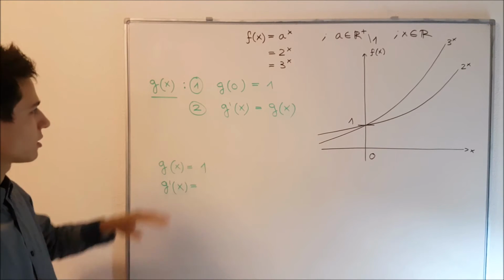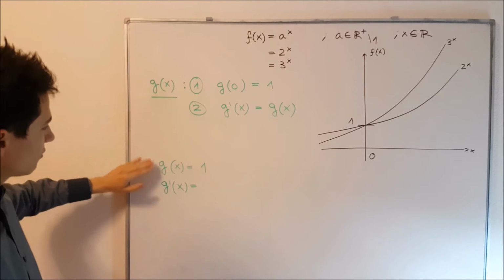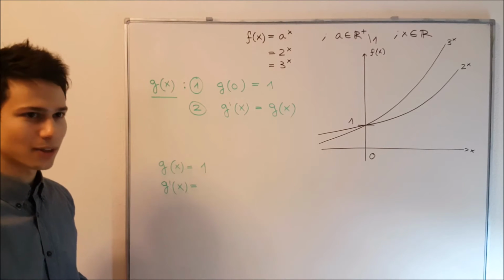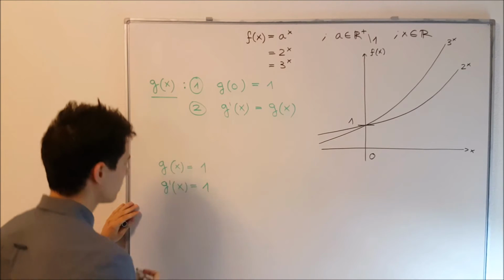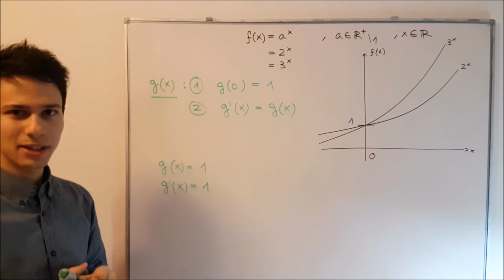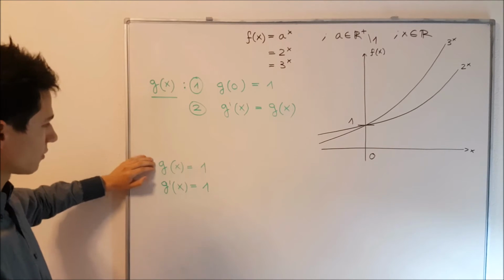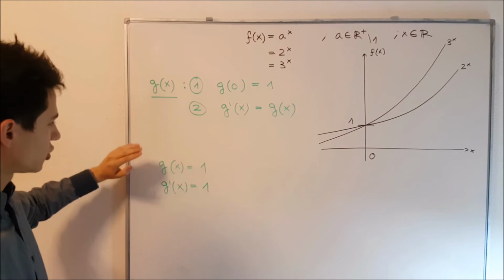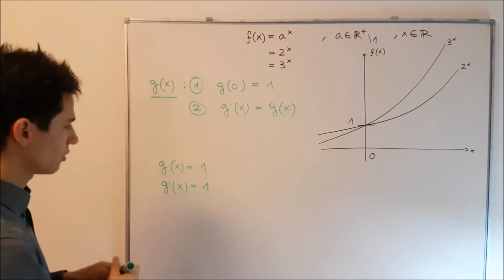But we have a problem because we should satisfy the second condition, which says that both of these functions should be equal. Now let's just try and set this value equal to 1 as well. And now the second condition would be satisfied. But this would not be the derivative of this function. So let's adjust g of x such that this really is the derivative of g of x.